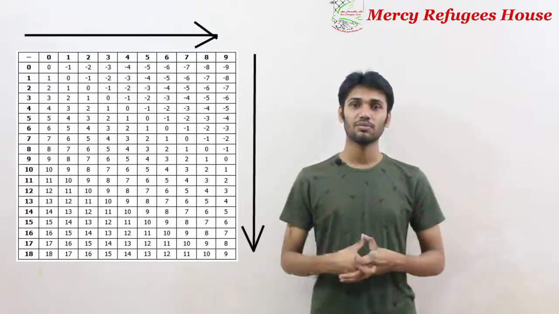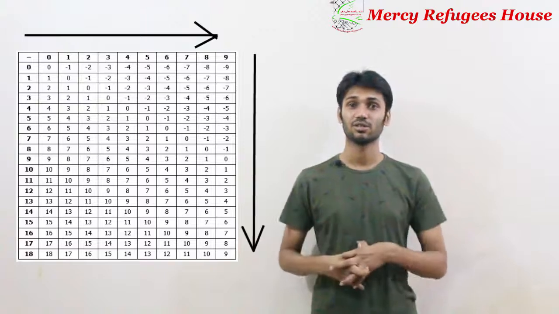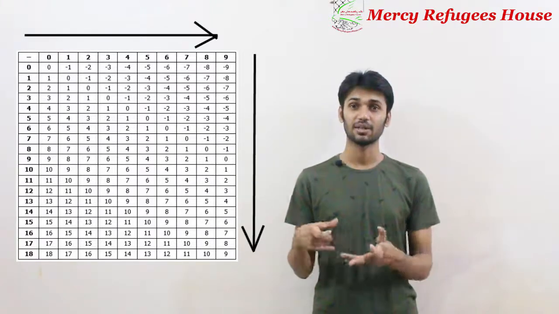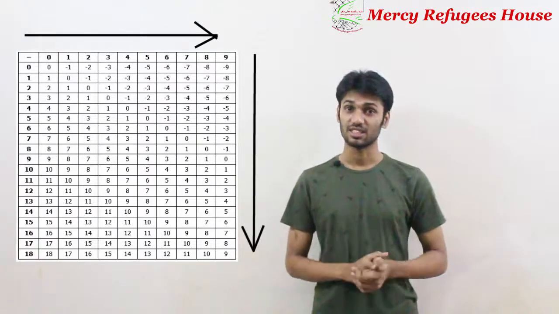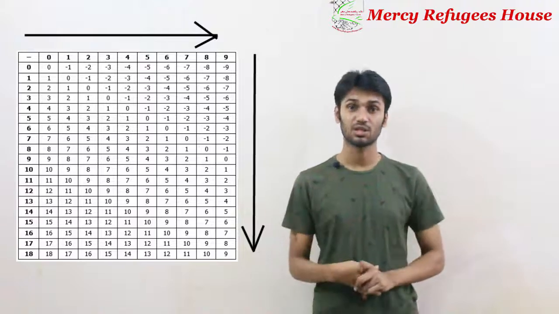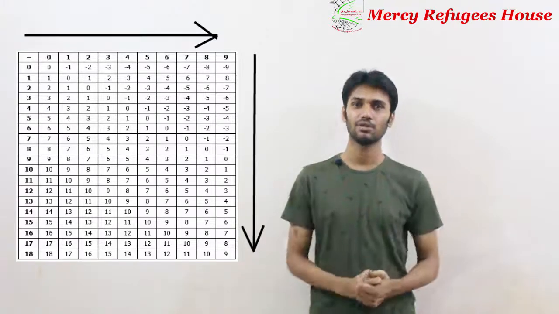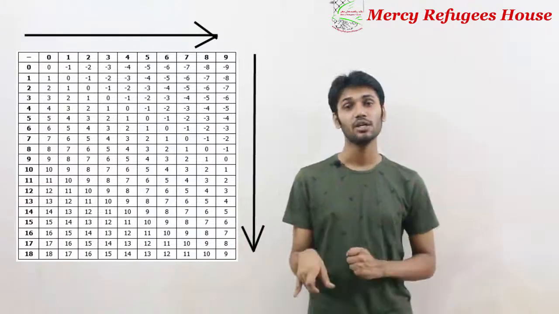The last one, 18 minus 0 equals 18, 18 minus 2 equals 16, 18 minus 5 equals 13, 18 minus 8 equals 10, 18 minus 9 equals 9.